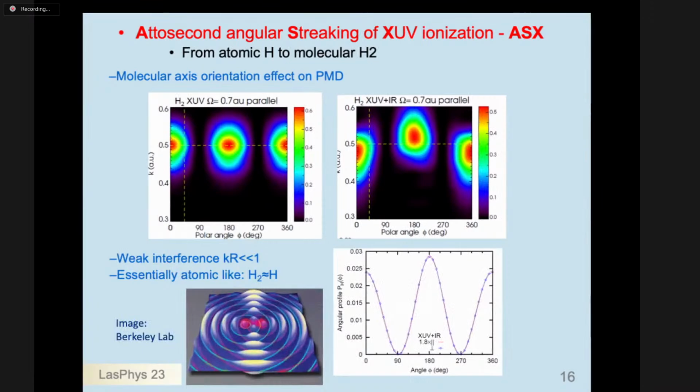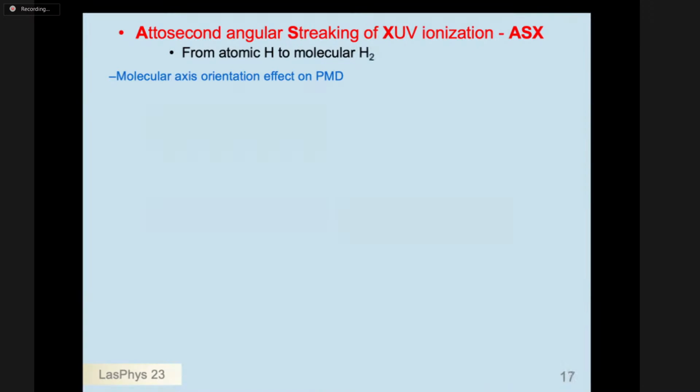When the de Broglie wavelength is much larger than the interatomic distance, there is no interference, and in this measurement, the photoelectron momentum distributions in parallel and perpendicular orientation of the molecular axis relative to the polarization axis look essentially the same.